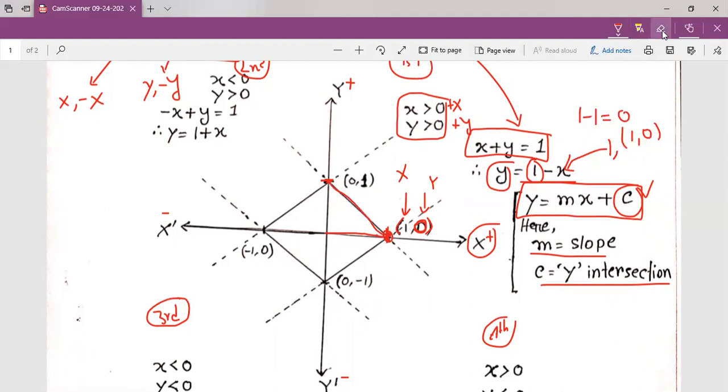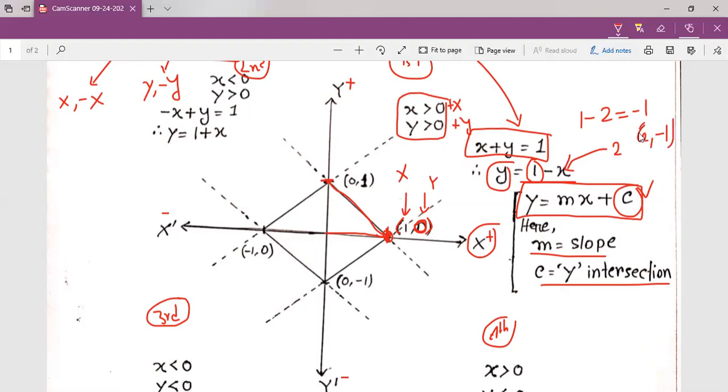And further, we can take another value of x, for example, x equal to 2. For x equal to 2, we get 1 minus 2 is equal to minus 1. So for x equal to 2, y is equal to minus 1.